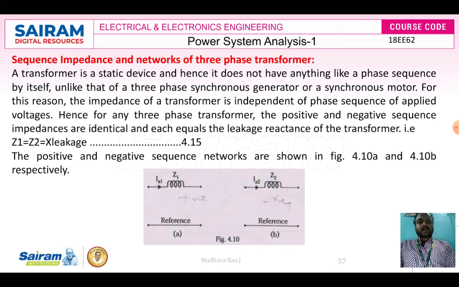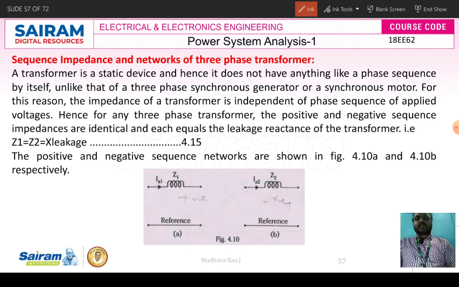So Z1 equals Z2 equals X leakage, where X means reactance of the windings.